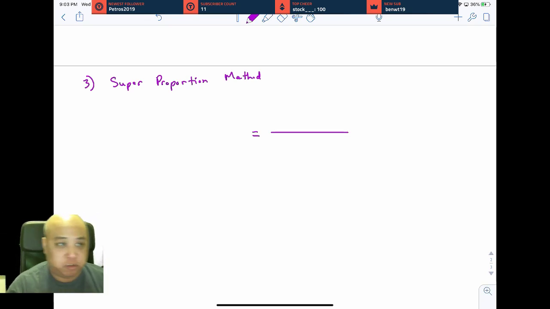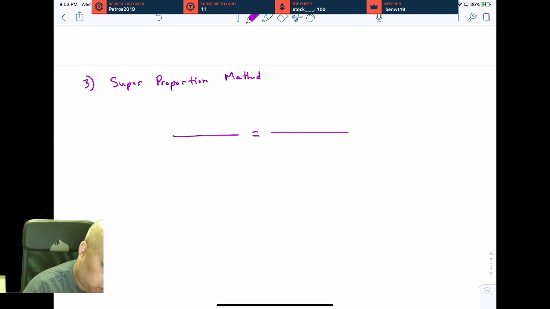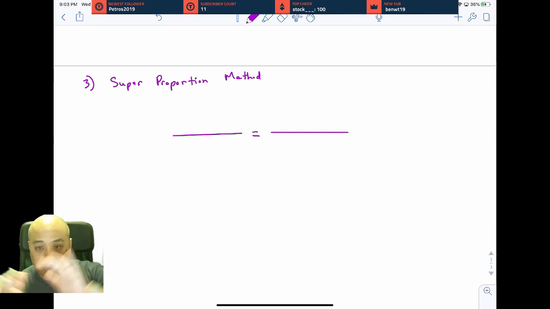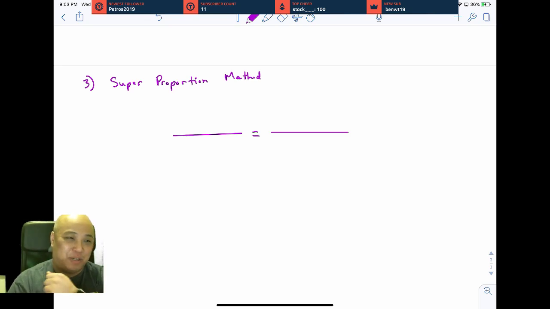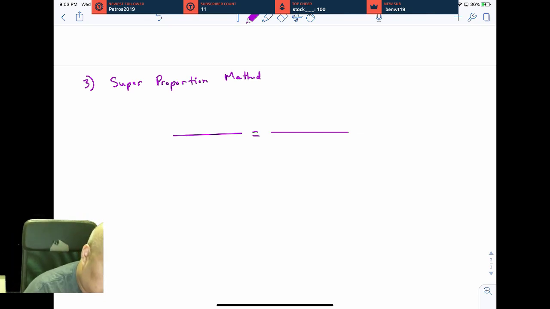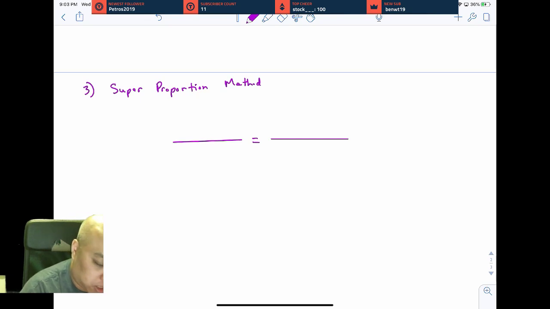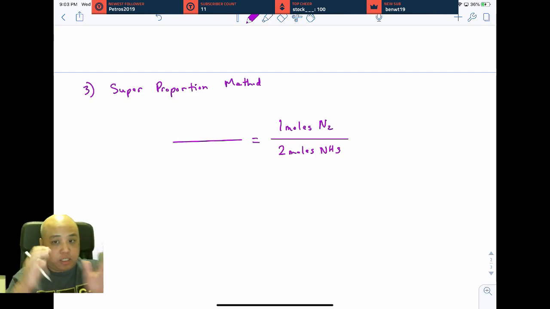Every time you do the super proportion method, the right side of your proportion should be moles of A going to moles of B, so the coefficient of the substance you have going to the coefficient of the substance that you want. For example, in this problem that we just did, I know I have moles of N2, and I know my moles of NH3.